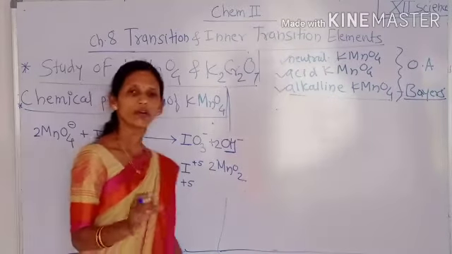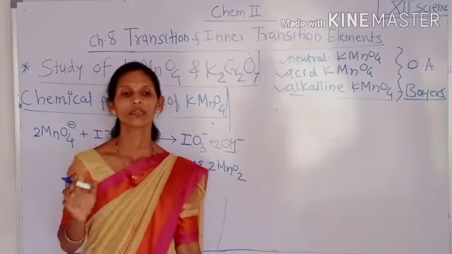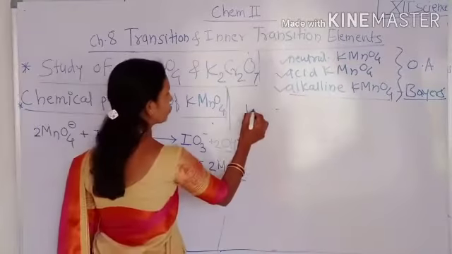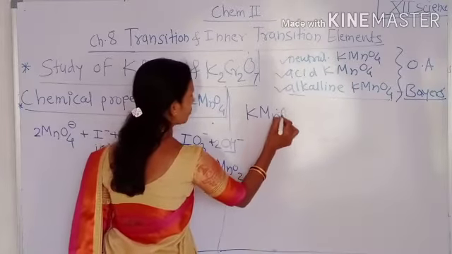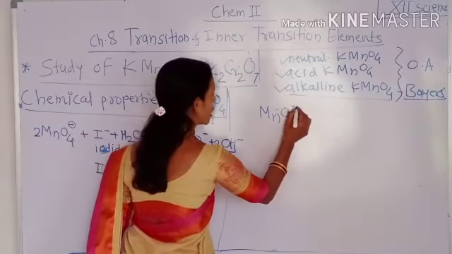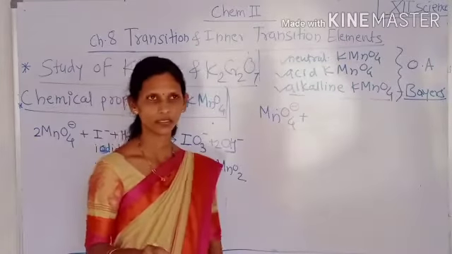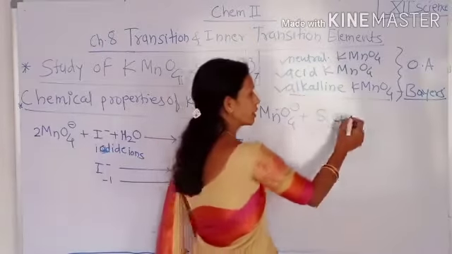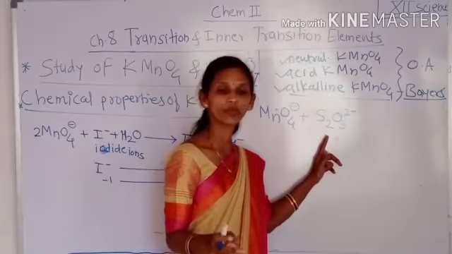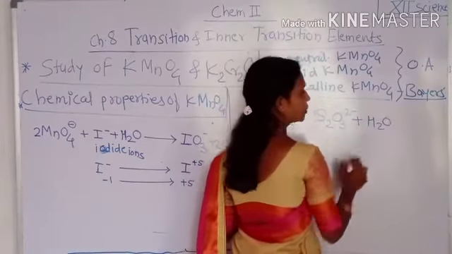Similarly, we discuss the oxidation of thiosulfate ions to sulfate ions. In this reaction KMnO4, which contains MnO4 minus ion, oxidizes thiosulfate ion, that is S2O3 2 minus ion, in neutral medium.